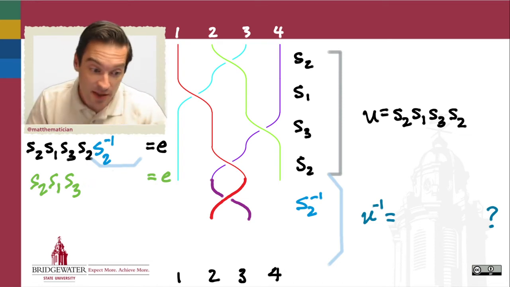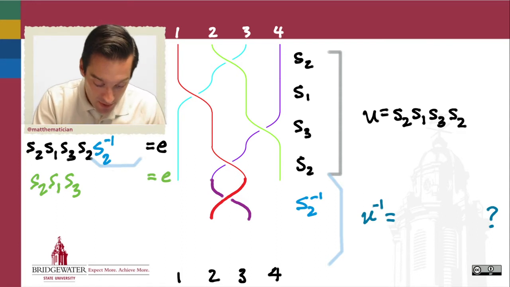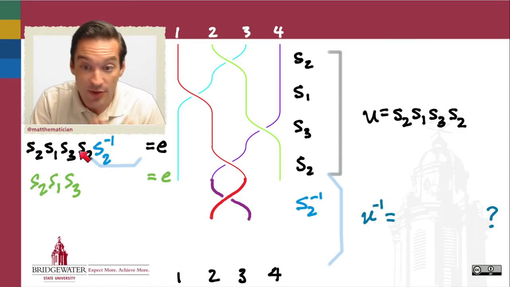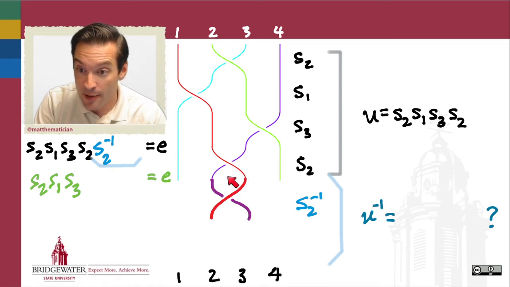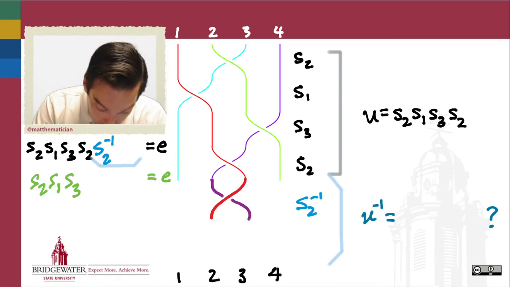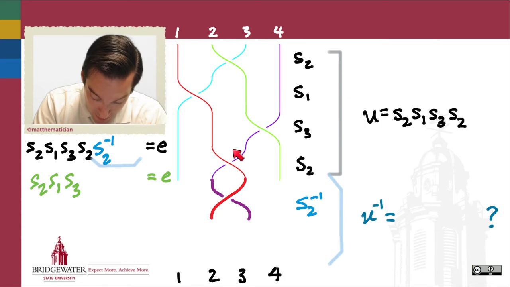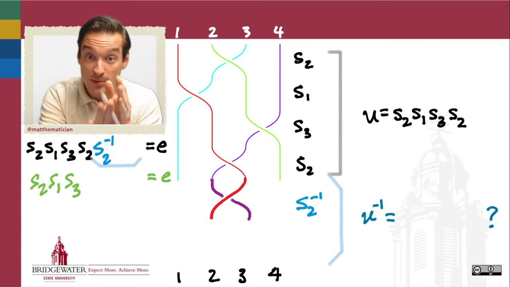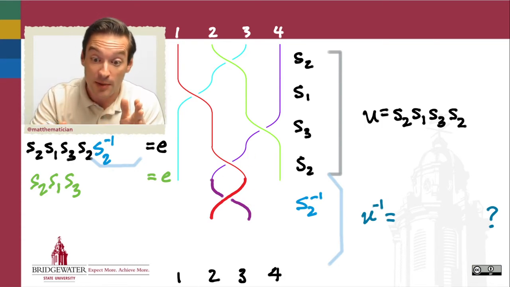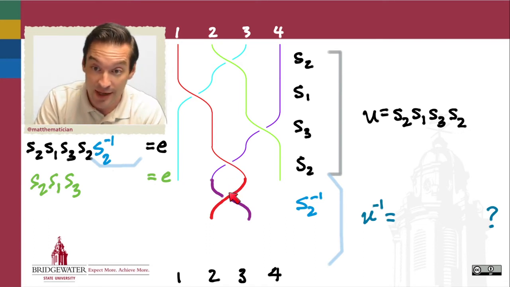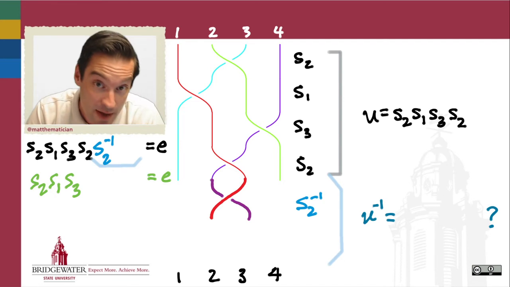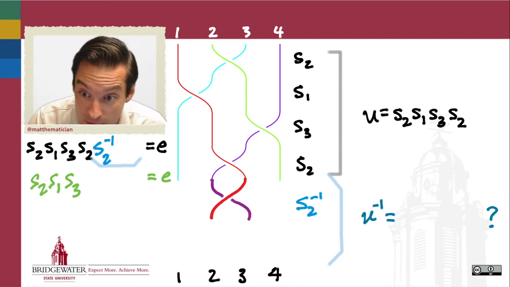So basically, we are using that S2 inverse here at the end to cancel out the S2 that it's sitting next to. And indeed, if we were to take this braid right now and just pull on the ends, this red strand and this purple strand would just untangle one another. The purple one would slide out from underneath the red one. We would eliminate both of these crossings, this positive and immediate negative crossing. Those two would kill each other, and we would just end up with no crossing there in the middle.